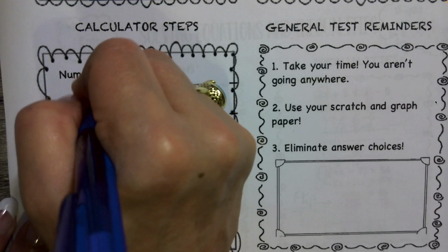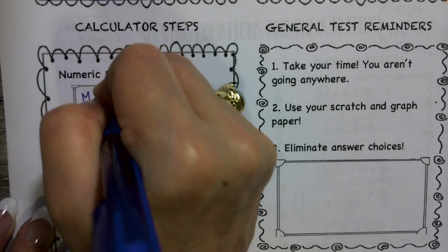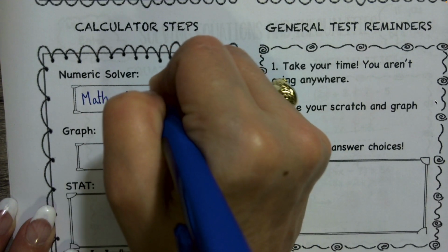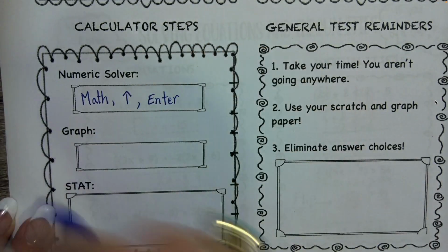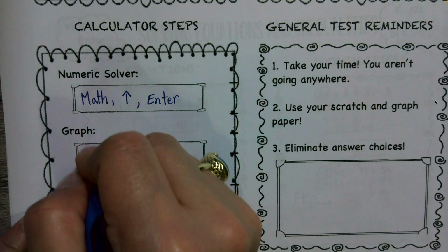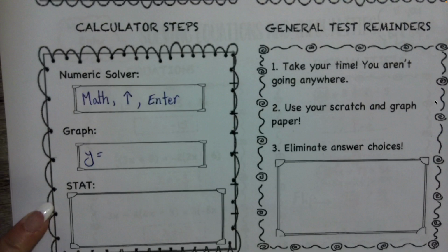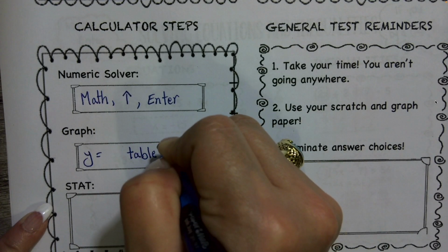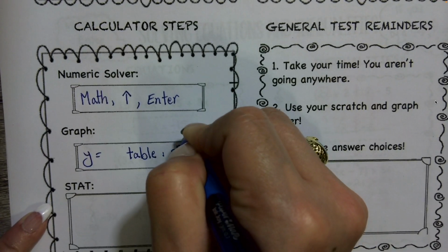You go ahead and do math, up, enter. Remember that? We already did it for the first page. Graph, you go ahead and do y equal, right? And then table is second graph.